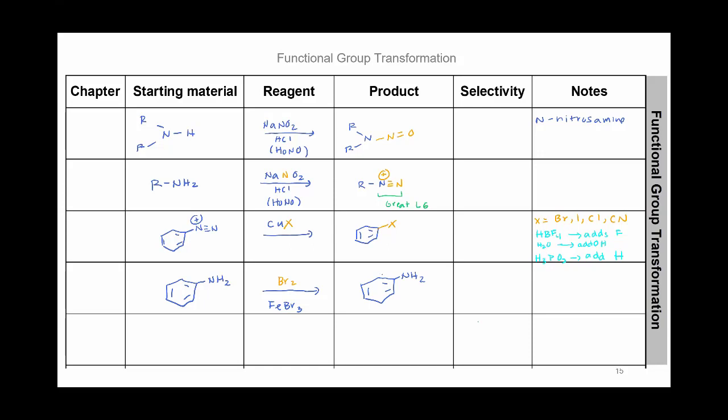But it's also a very strong electron donator. So what happens is you brominate ortho, ortho, and para. So it's going to add that bromine to all of those positions because it is so strongly electron donating, and that benzene ring gets very reactive.